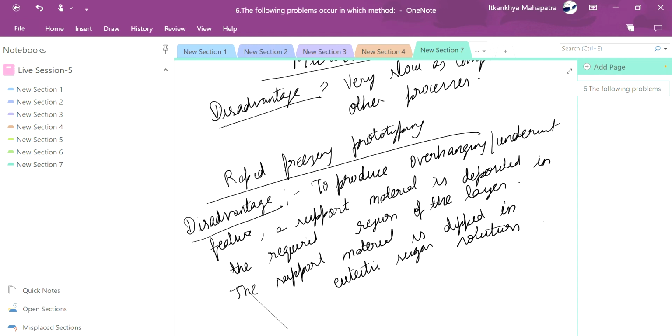To produce overhanging or undercut features, a support material is deposited in the required region of the layer. And this is the freezing. Earlier we discussed photopolymerization based liquid additive manufacturing, but this RFP is freezing based.